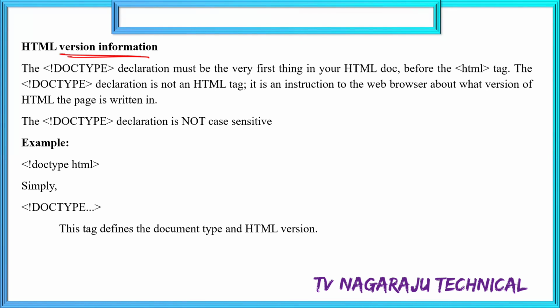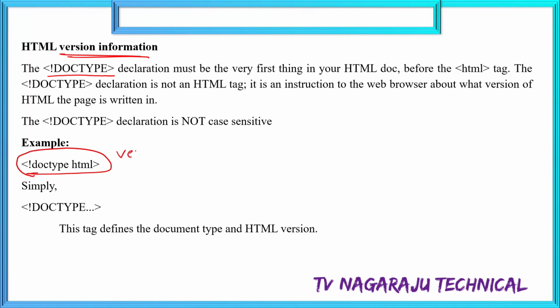How? Sir, how can I write the version information? By using the declaration doctype. Either uppercase or lowercase, not a problem. Before the HTML tag, you write doctype. See the example: first an exclamation mark followed by doctype, followed by HTML.